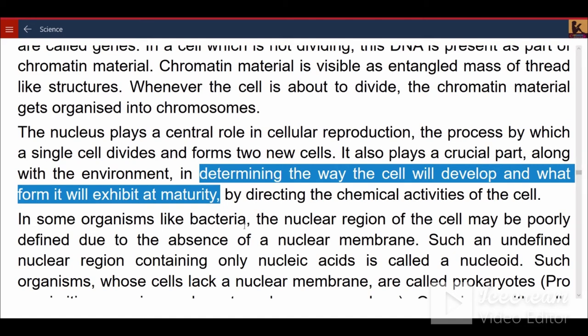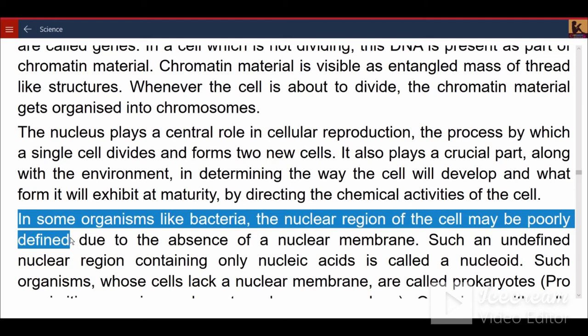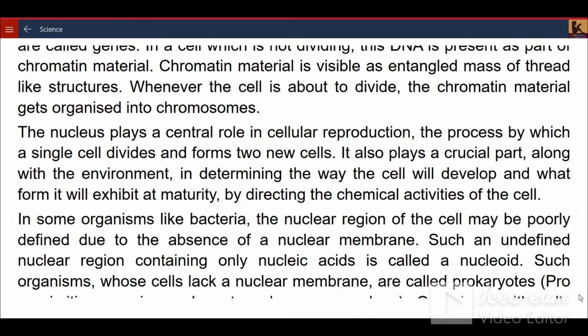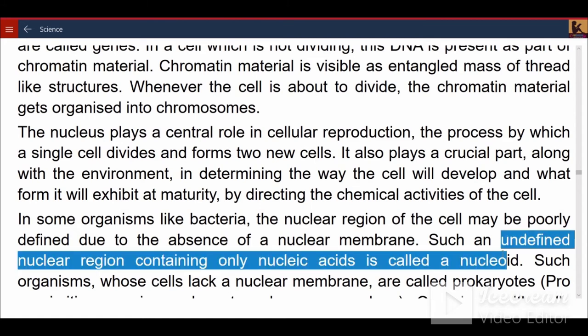In some organisms like bacteria, the nuclear region of the cell may be poorly defined. Now there are many organisms that do not have a nuclear membrane or have an undefined nuclear membrane. Such an undefined nuclear region containing only nucleic acid is called nucleoid.